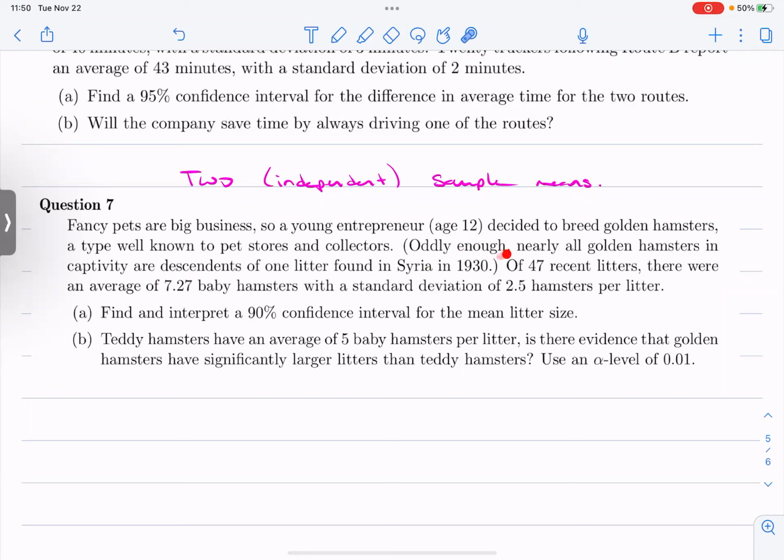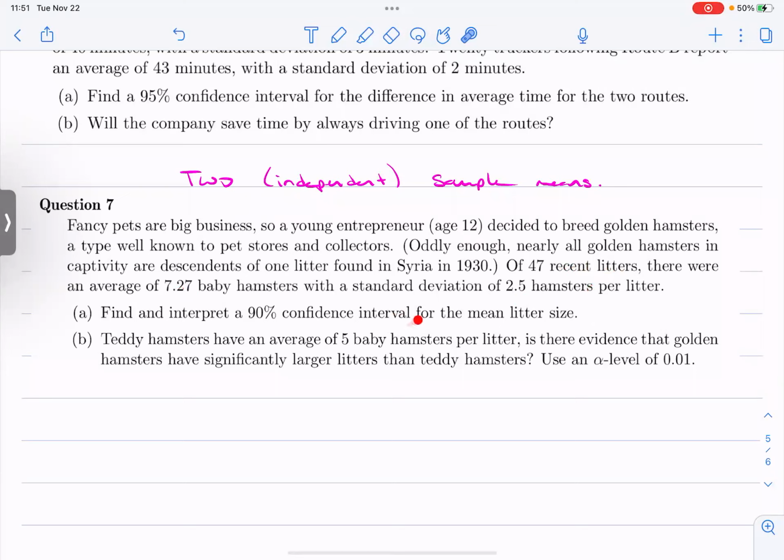Of 47 recent litters, obviously this part is made up, the entrepreneur at age 12 breeding hamsters, her parents must be so proud. There were an average of 7.27 baby hamsters with a standard deviation of 2.5 hamsters per litter.